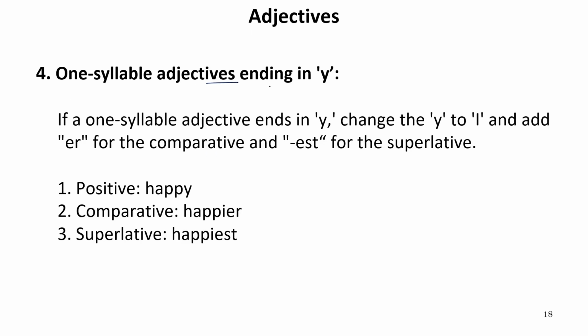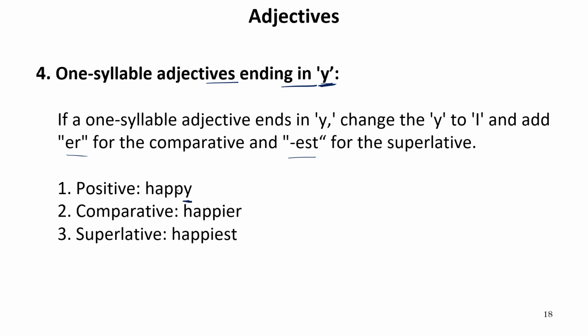One syllable adjectives ending in Y. Suppose we have a one syllable adjective which is ending with Y. What we do is remove this Y and replace it with IER or IEST. For example, the word is happy, which has Y at the end.